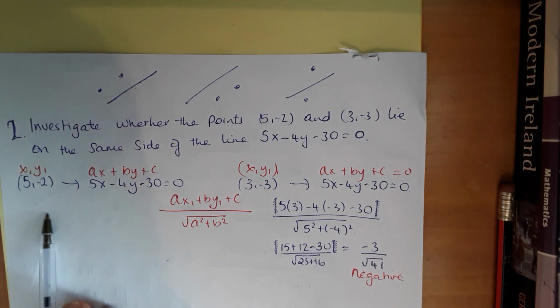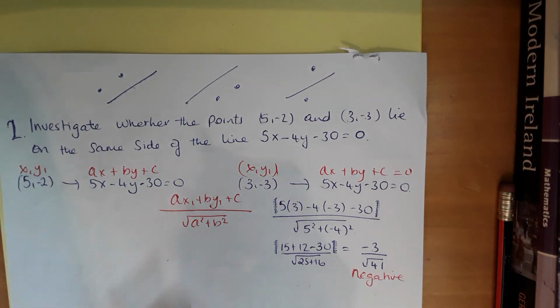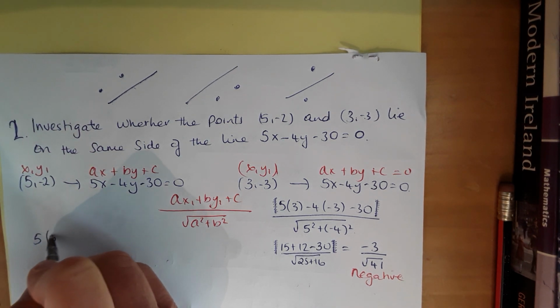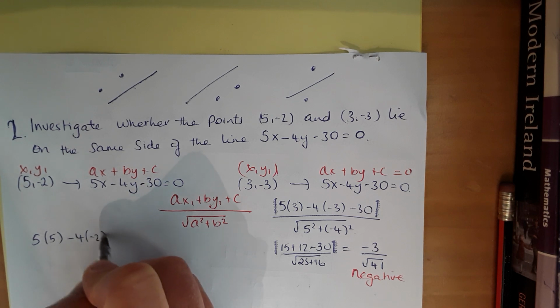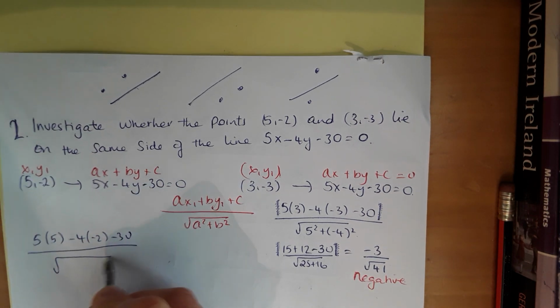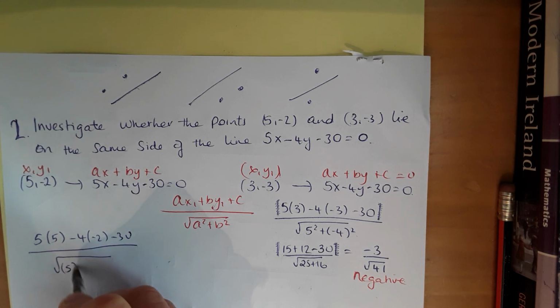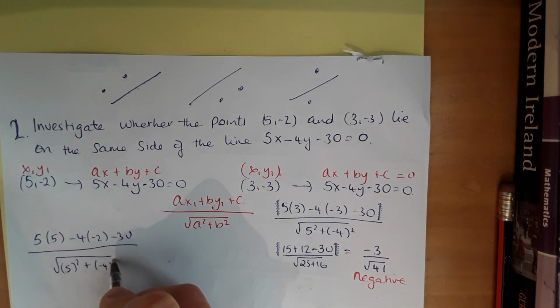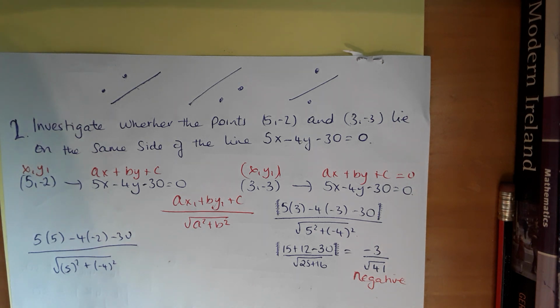So let's see what the other one would give me. Putting into my formula ax1 + by1 + c, again I'm not using the modulus because I want to establish which sign it is. Square root of a squared plus (-4) squared, remembering that will definitely be a plus.